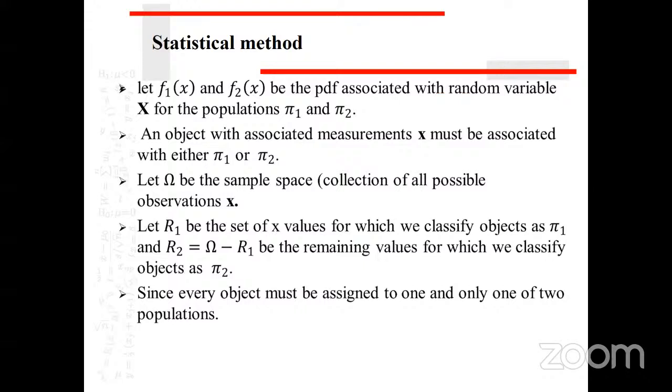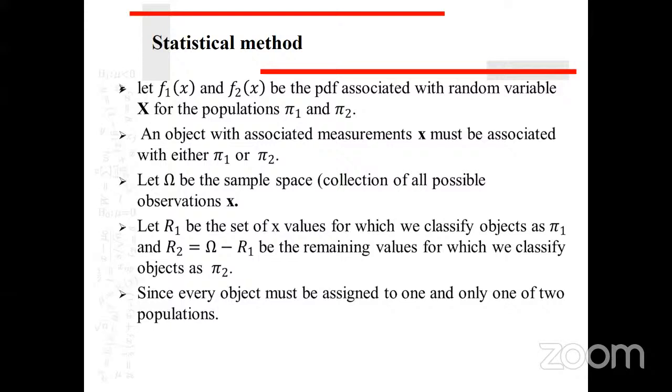Now, how do we statistically proceed for discriminant analysis? Let there be F1 and F2, two functions. Their PDFs are there with random variable X, and there are two populations, pi1 and pi2. An object with associated measurements of certain attributes will be associated with either pi1 or pi2 population. Let omega be a sample space, that is the collection of all possible observations of X. So none of the observations should be out of the population, and that makes our omega sample space.